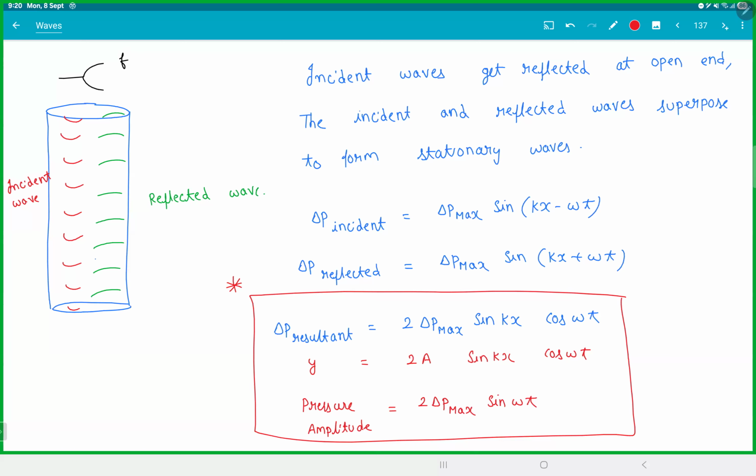Any doubts on this? Clear with this? And again, do you guys remember the general equation? What was the general equation?